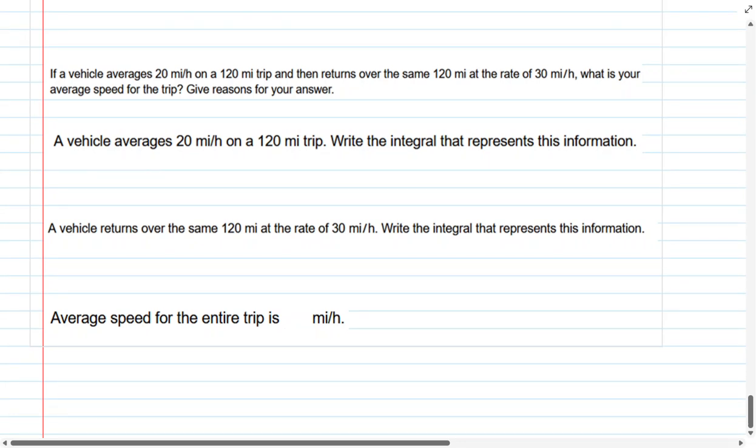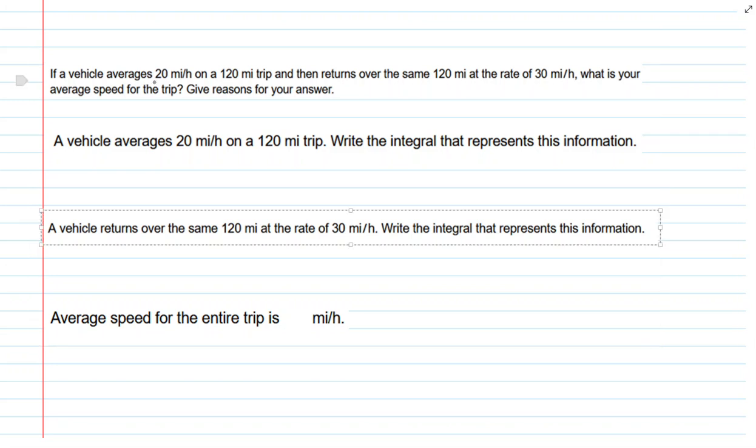So in this next one, we've got a little problem. It says, if a vehicle averages 20 miles an hour on a 120-mile trip and then returns on the same 120 miles at a rate of 30 miles an hour, what is your average speed for the trip?